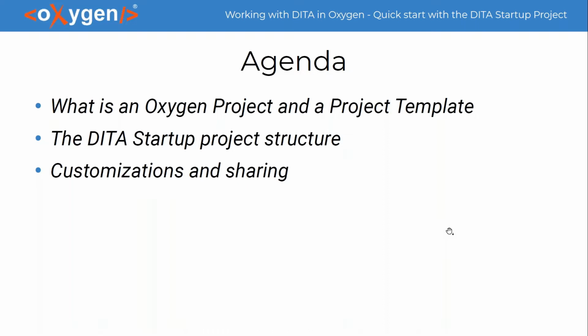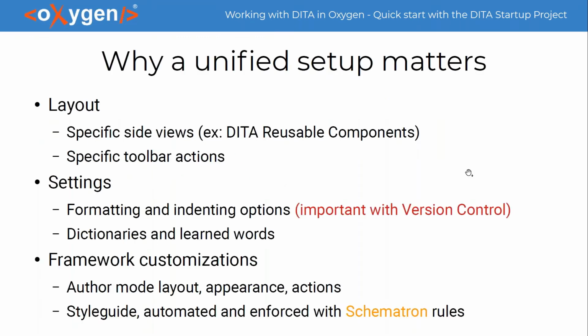And also have a look at the customizations contained within and some sharing ideas, because obviously there's not one person working on documents, there's an entire team and they all should have the same unified experience.